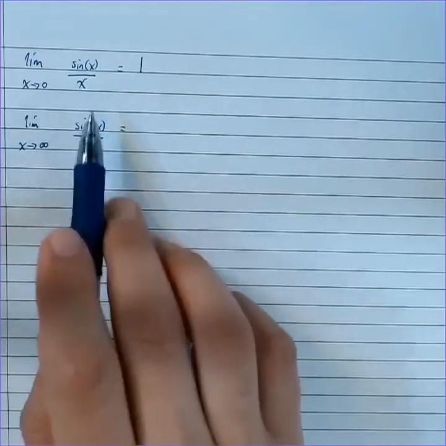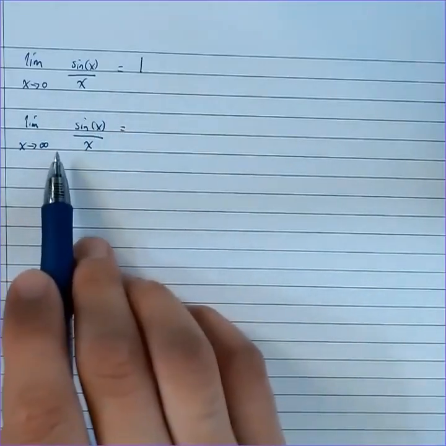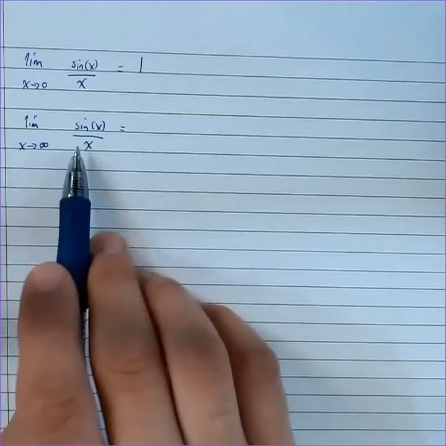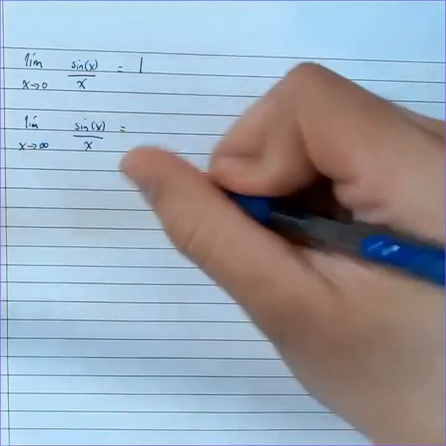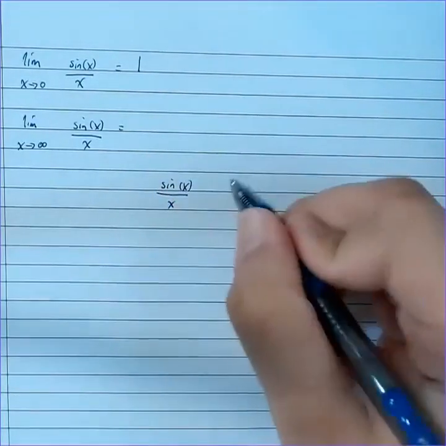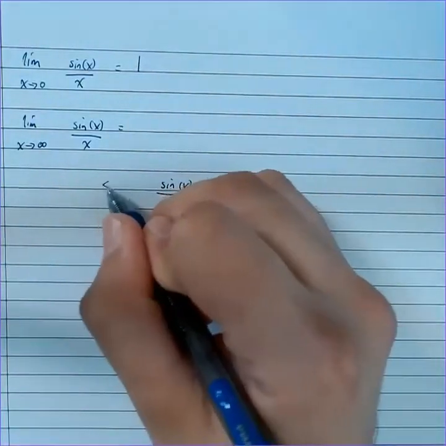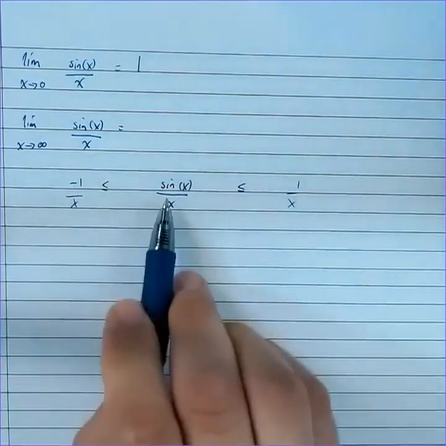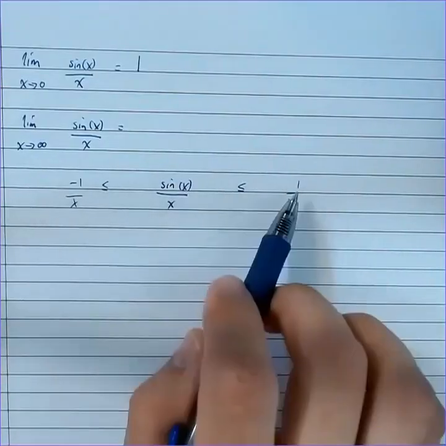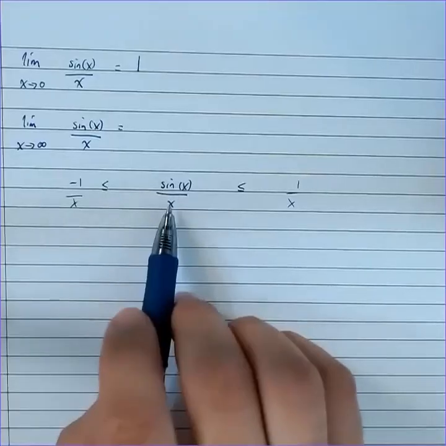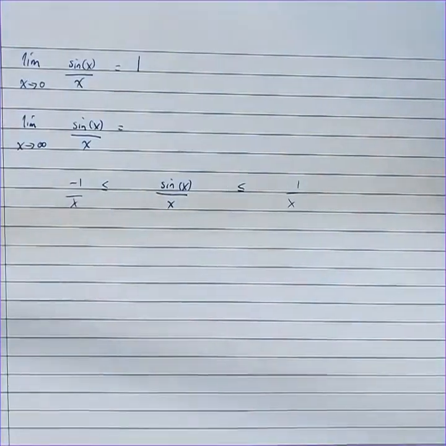Again, you can't just plug in the numbers because it gives you something undefined, except in this case, you can use the squeeze theorem. After all, here you can say, well, the sine of x over x, that's bound between minus 1 over x and 1 over x. All right, sine of x is bound between minus 1 and 1. That's the range of the sine of x.